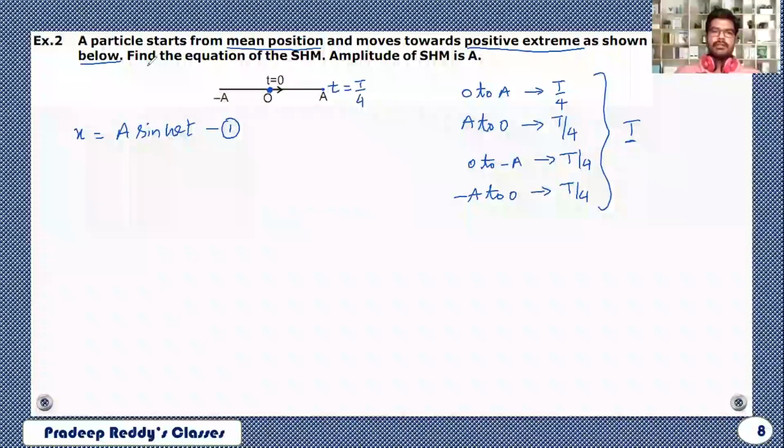Now you are supposed to find the equation of simple harmonic motion. So you can write the equation for simple harmonic motion in this form. If there is any phase difference, then you can include the phase difference with plus or minus phi.